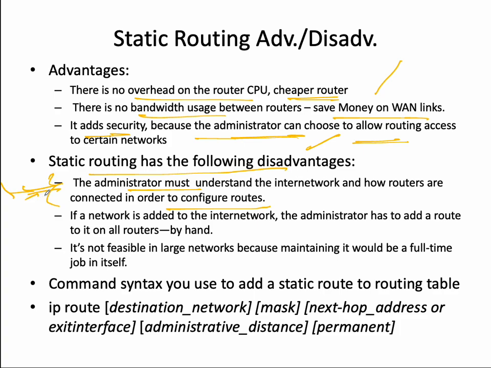They must have the entire diagram with all the details of how networks are going to communicate. And if a network is added to the internetwork, the administrator has to add a route to it on all routers by hand. Basically, you go to each router and configure it manually.